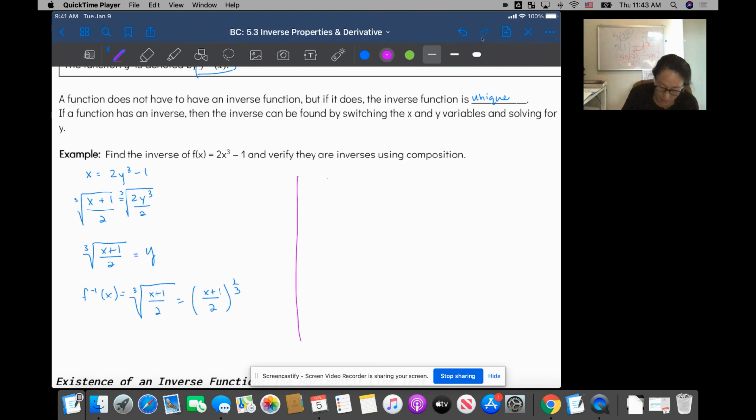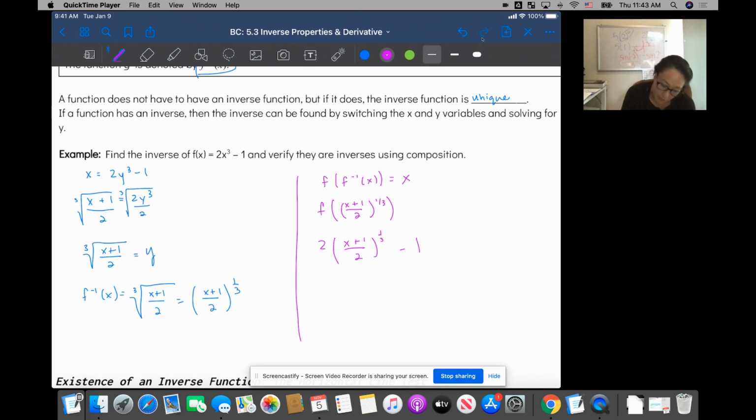So I'm going to use f of f inverse of x, and that should equal x. Okay, so I'm going to start with f, and I'm going to substitute in ((x plus 1) over 2) to the 1/3 power. And so we're going to substitute that into 2 times ((x plus 1) over 2) to the 1/3 power minus 1.